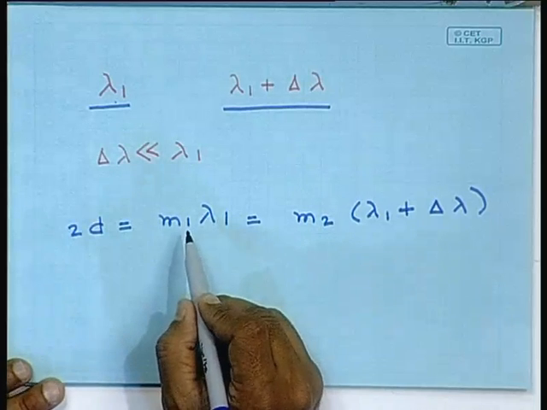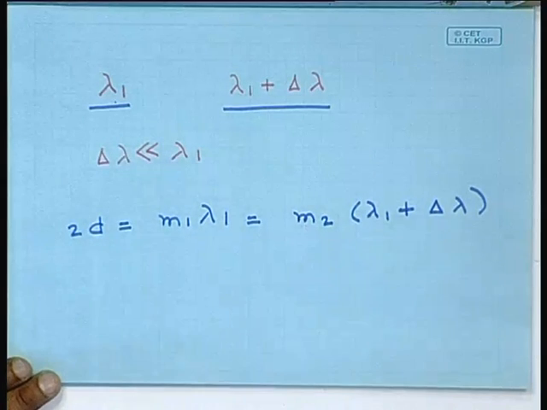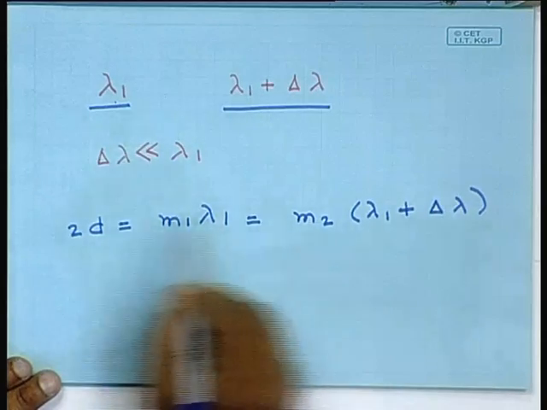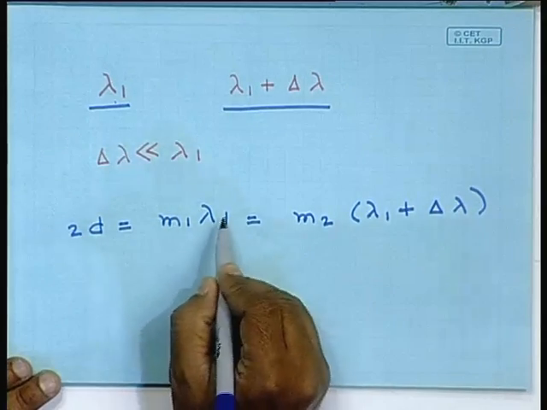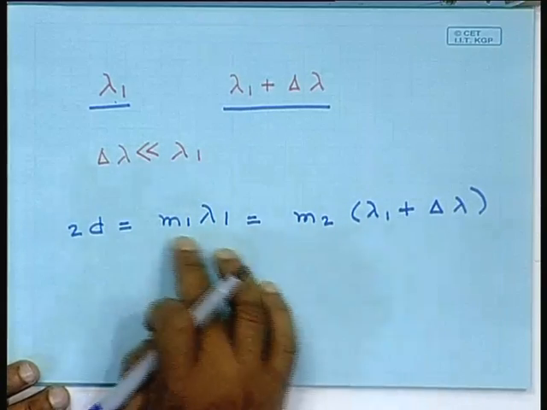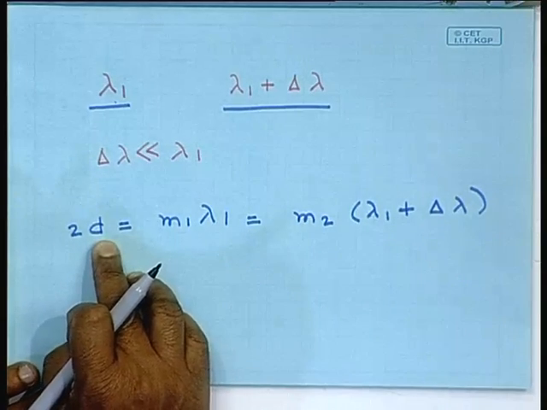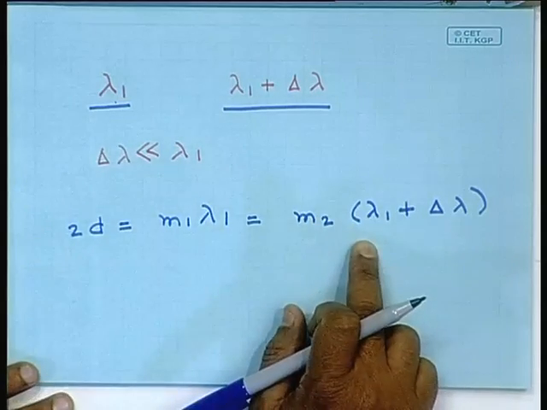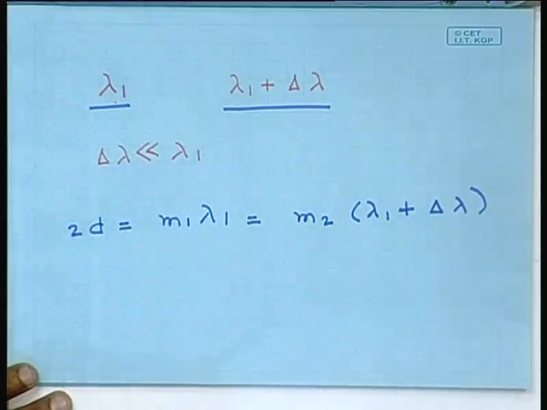So, there will be two integers m1 and m2 such that both these conditions are satisfied: 2d is equal to m1 lambda 1, and 2d is also equal to m2 into lambda 1 plus delta lambda. If I can find a d, a separation in the arm lengths, so that both these conditions are satisfied, then both the fringe patterns will have a dark spot at the center.